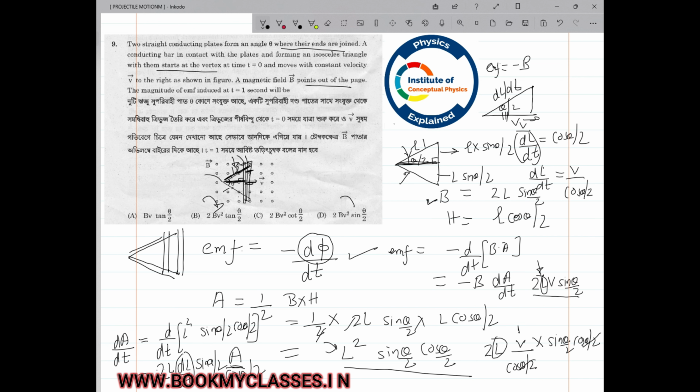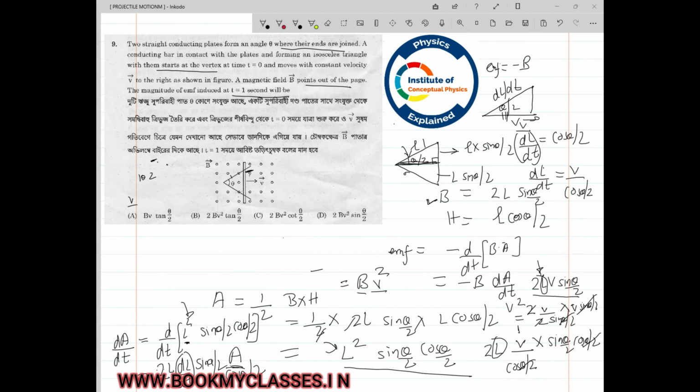But we don't know the value of the base actually. So let's think through this. This is area. Area is half BH, so half length into breadth. Okay, understood. Nothing wrong. We have taken the correct things. Just that I think dA by dt is length square. But why this will not go away is my question, right? We need dA by dt for the EMF. So there was a bit of struggle and we were not able to eliminate this L.